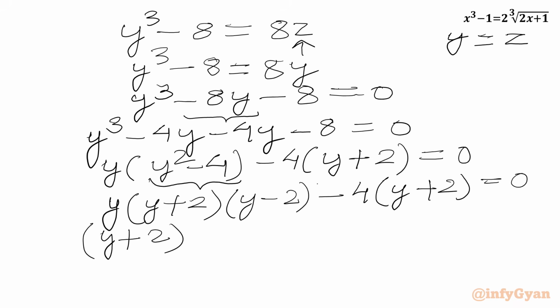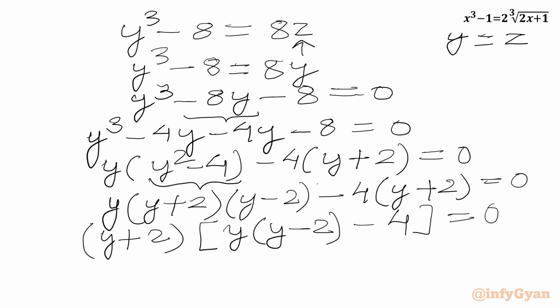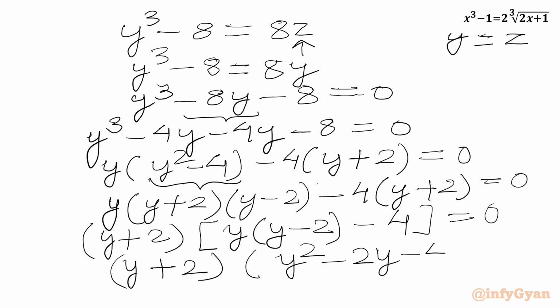So in the other bracket, we will write y times y minus 2 minus 4 equal to 0, or y plus 2 times y square minus 2y minus 4 equal to 0.